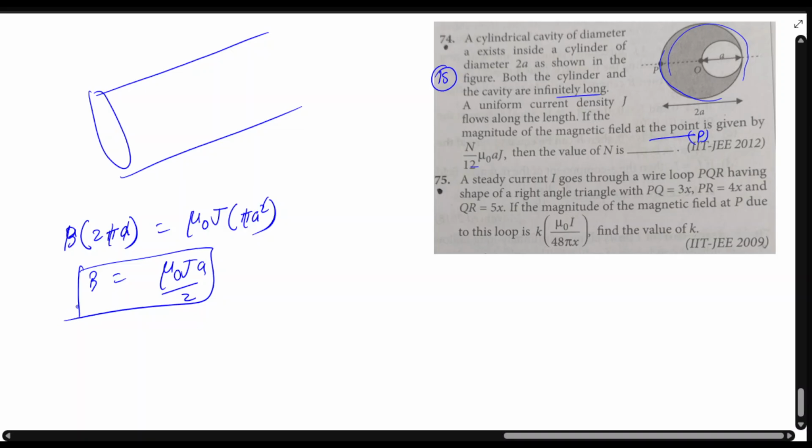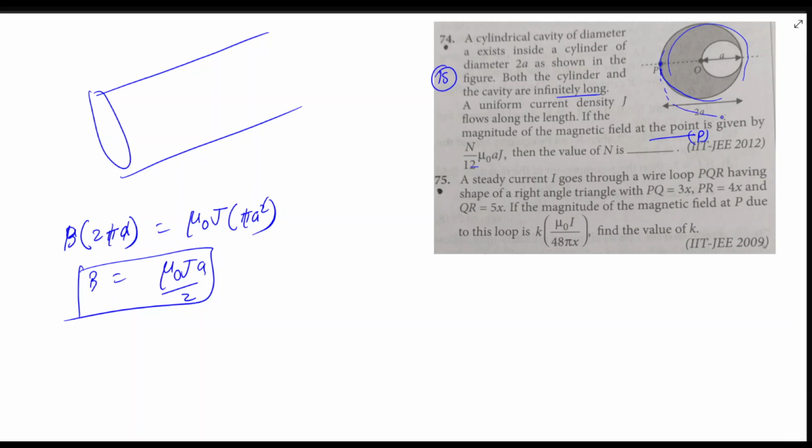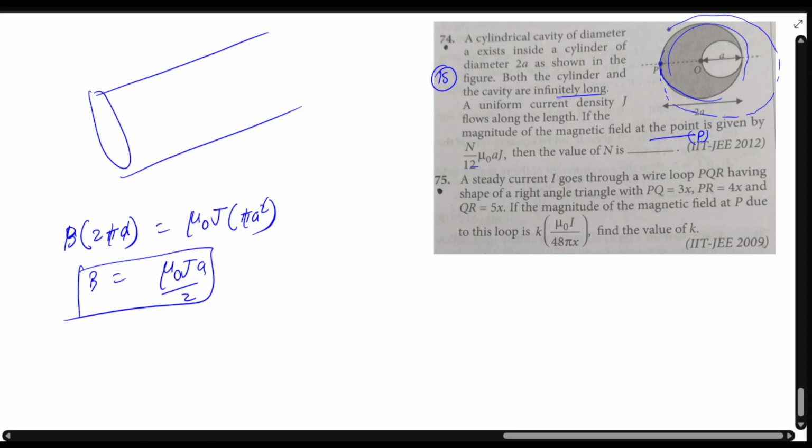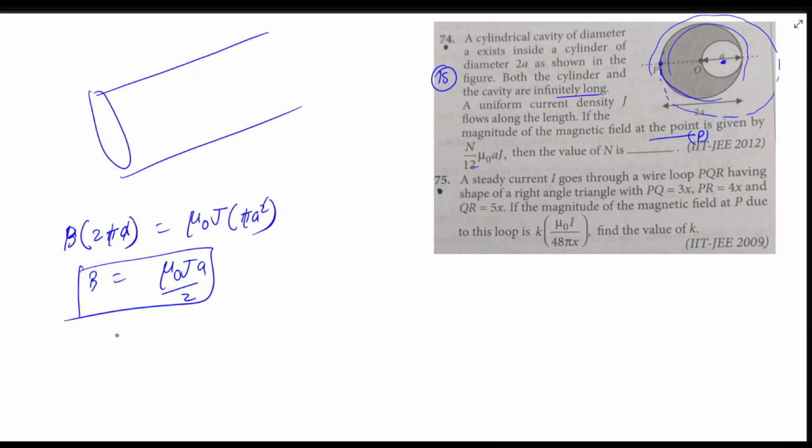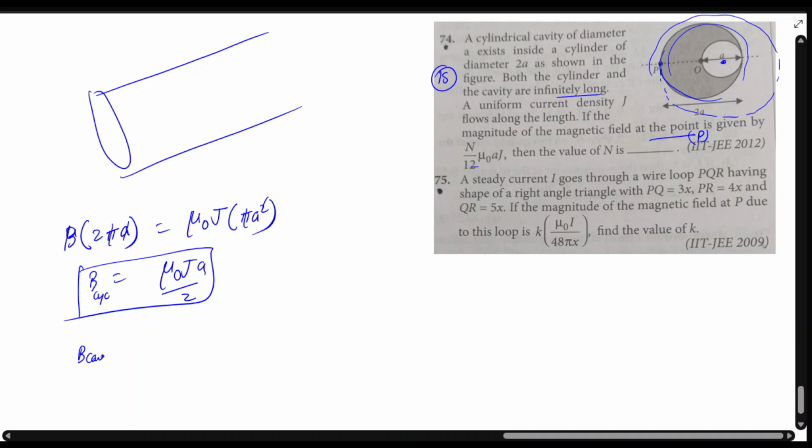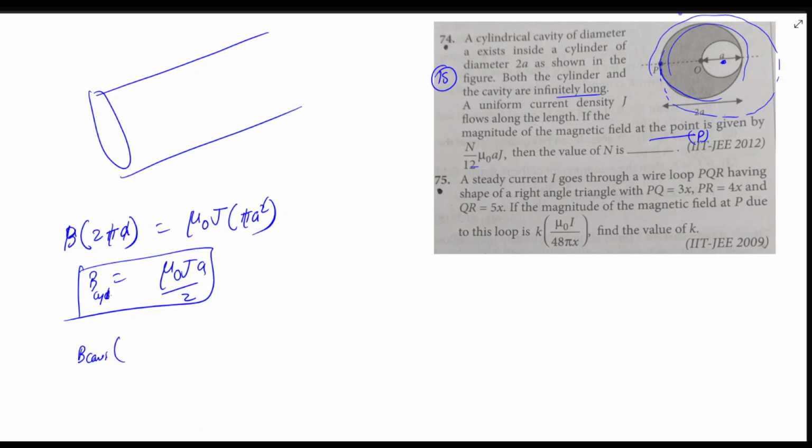Okay. Now due to the cavity, we will make an Amperian loop. This time it should be like this, right? Considering this as a center. So this is due to the cylinder, and due to the cavity, it will be mu naught into the loop.